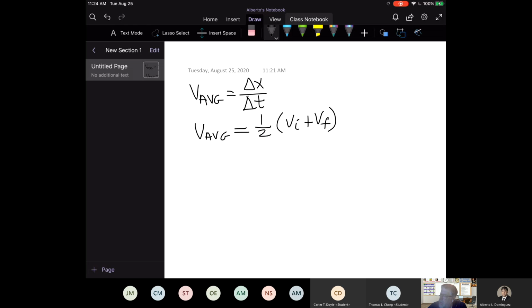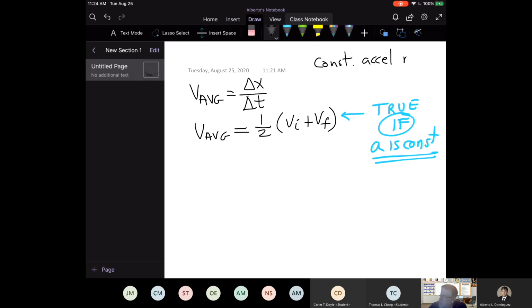So this is true only if the acceleration is constant. That's a caveat, and that's why it is important to remember that we are in the constant acceleration model. If we were not, then this would not be true and we could not do this step.